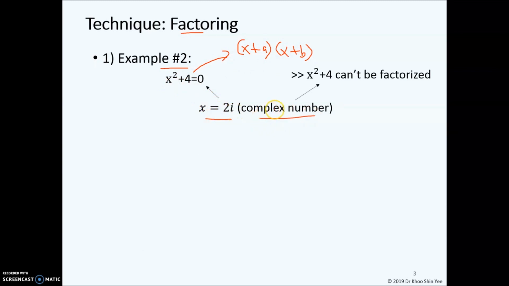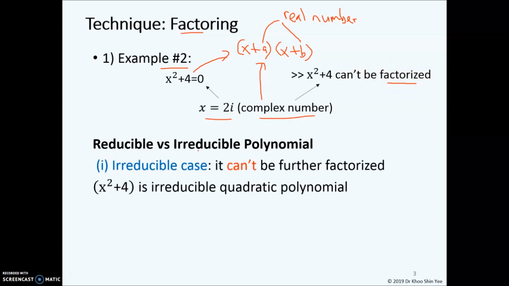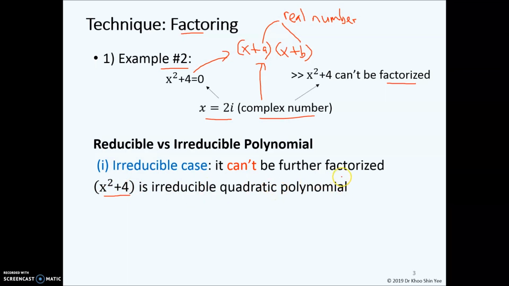Since this is a complex number, we cannot apply this formula because a and b must be real numbers. So we say that x squared plus 4 cannot be further reduced or factorized.